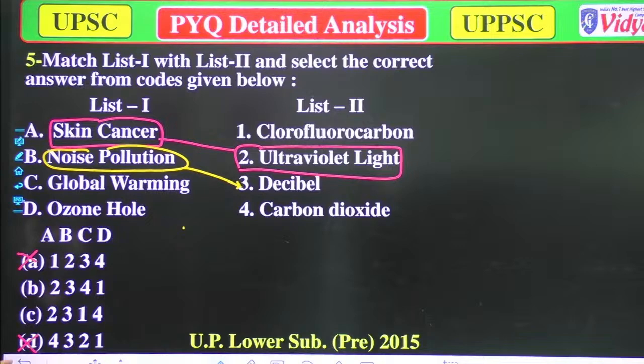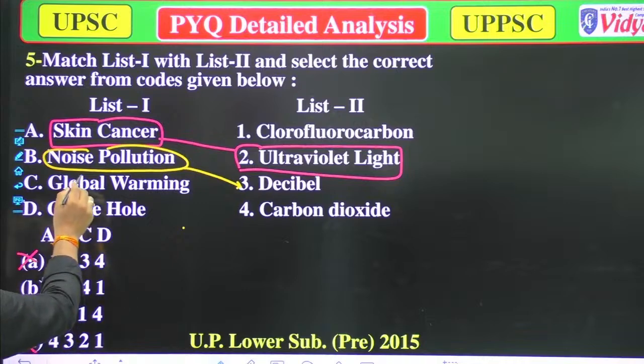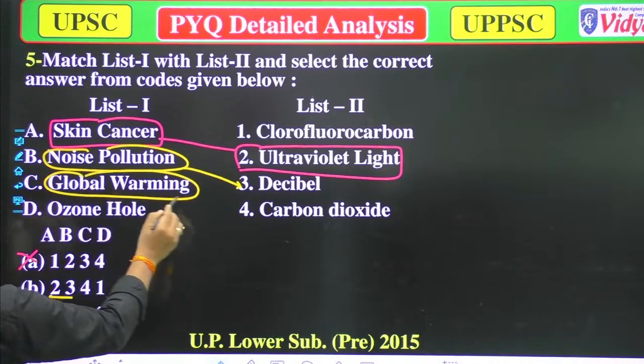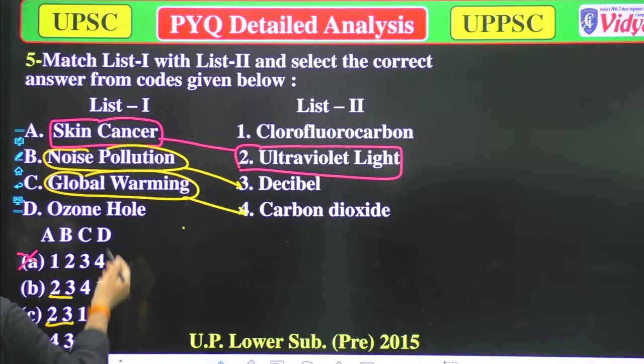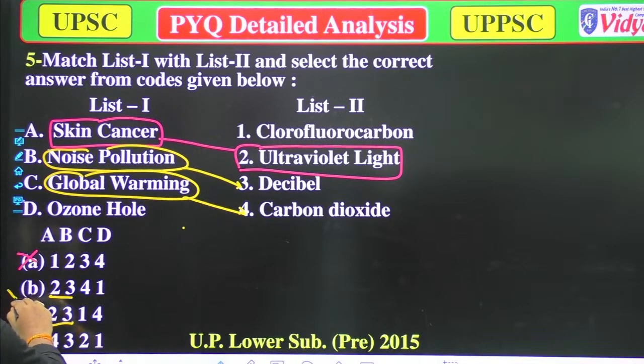Both are 3. Then global warming and ozone hole: global warming is generally due to carbon dioxide, so C4. So I think option B is correct.